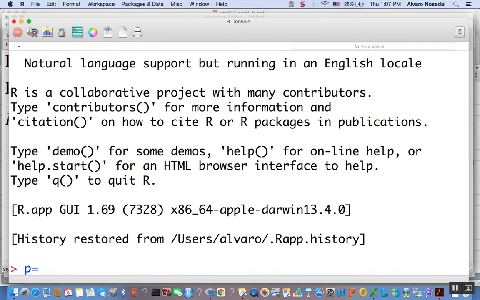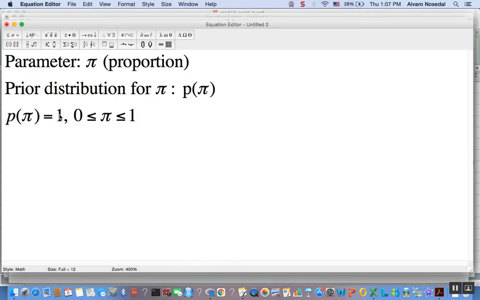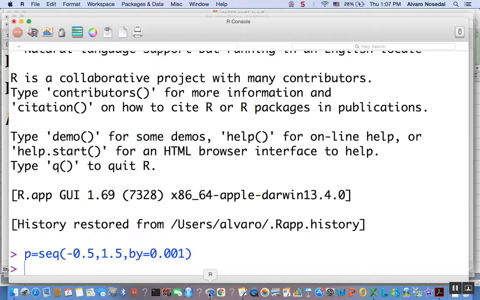So what we're saying is we have all values between 0 and 1. Let me create a sequence here from negative 0.5 to positive 1.5, with distance between each of these values 0.001. Now it turns out that if you take a close look, this is a continuous uniform in the interval 0, 1. So to make a graph, it's going to be just a horizontal line, right?